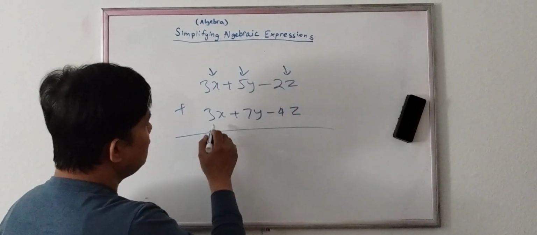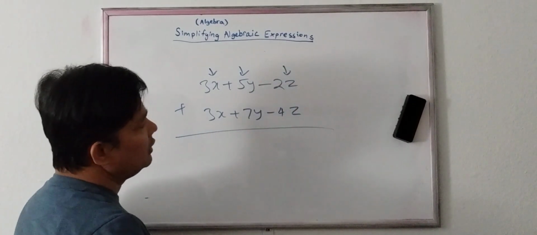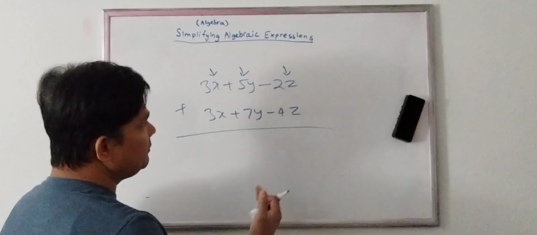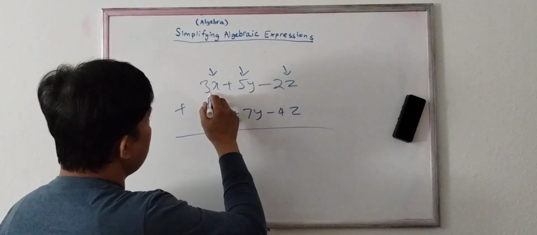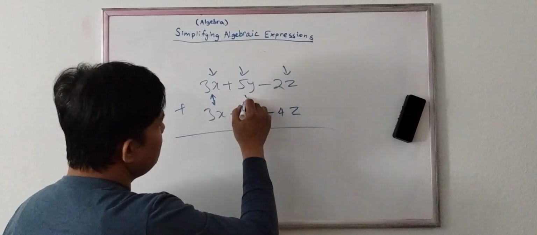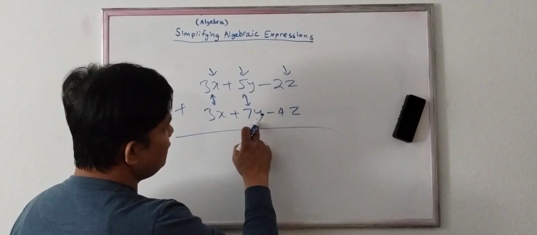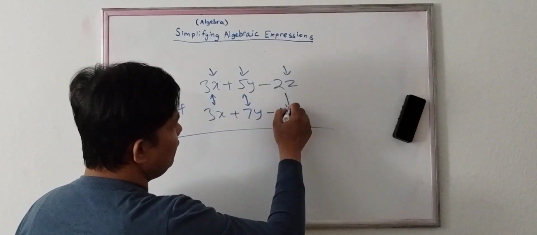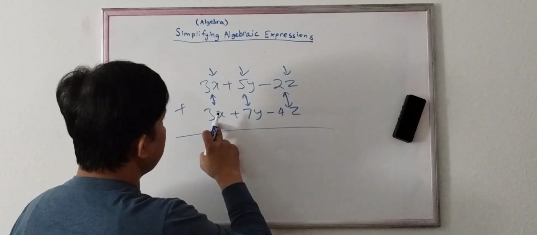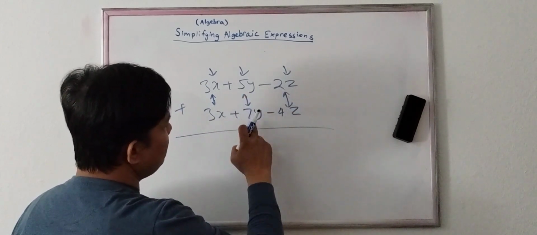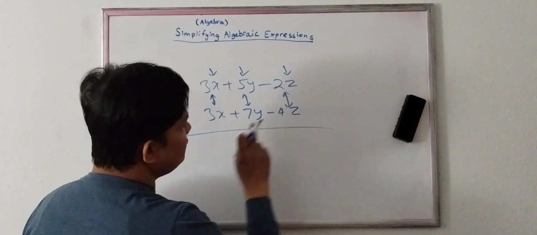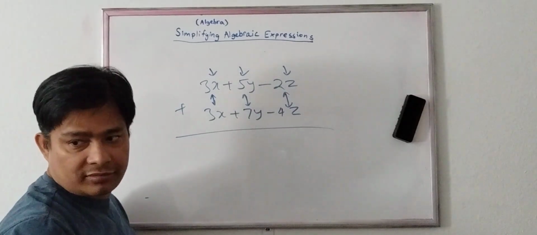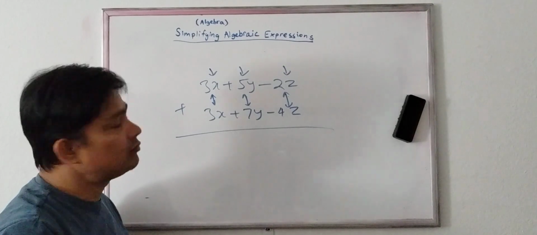There are 3 terms, 3 variables. So you have to do the same thing you learned for 2 variables. Make sure you are adding or subtracting the expressions with the same variables. So 3x with 3x, 5y with 7y, minus 2z with minus 4z. Okay, that's what you have to do.